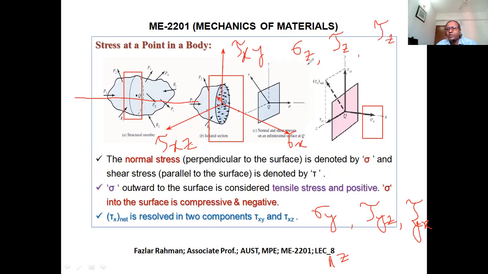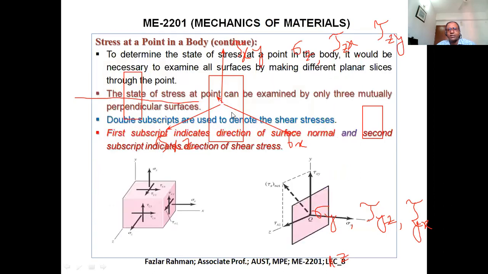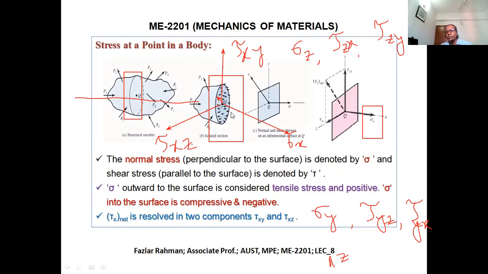So the other two are x and y, so one will be x, over here will be z. So what did you see or what did you learn? That if you cut a body in different planes, there will be three stresses: one normal stress, two shear stresses.